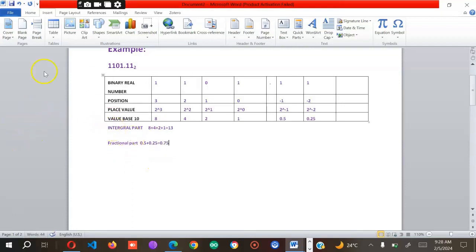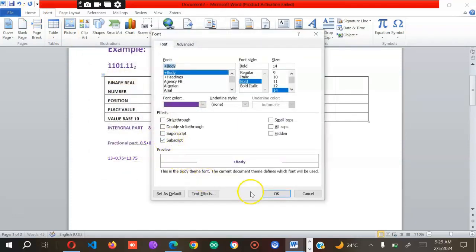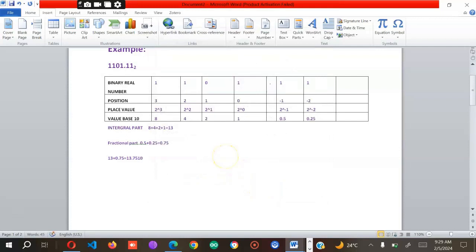0.75. Now, after you get the sum of the fractional part and the sum of the integral part, you add them together, which is going to give us 13 plus 0.75, which is going to give us 13.75 base 10.